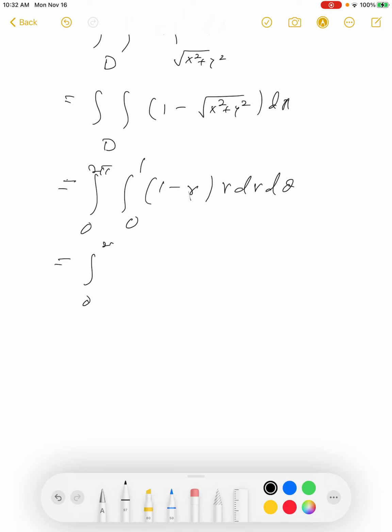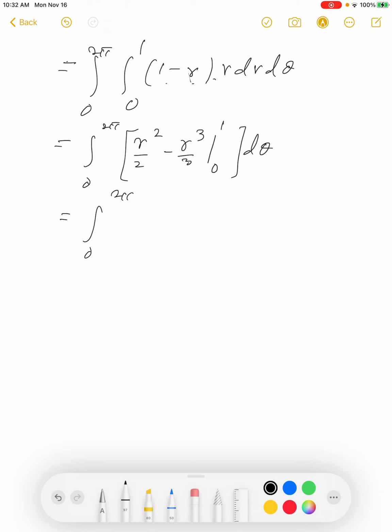So this gives you integral 0 to 2 pi, integral of r minus r square, and that will be r square by 2 minus r cube by 3, 0 to 1, d theta.